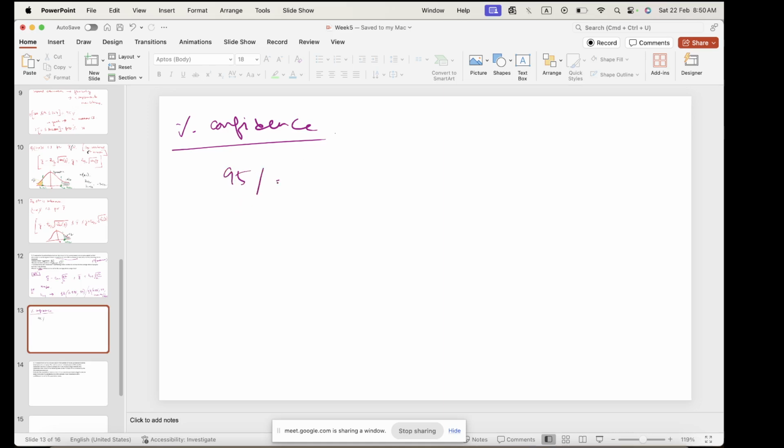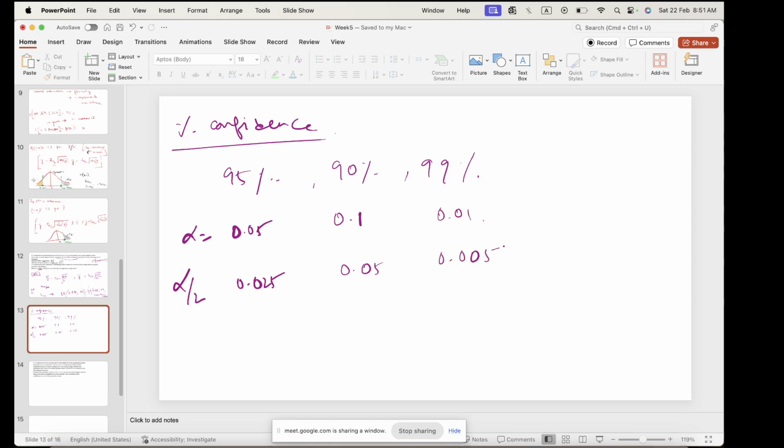If it is 95%, 90%, or 99%, the corresponding alphas will be 0.05, 0.1 and 0.01. Similarly, alpha by 2 will be 0.025, 0.05, 0.005.